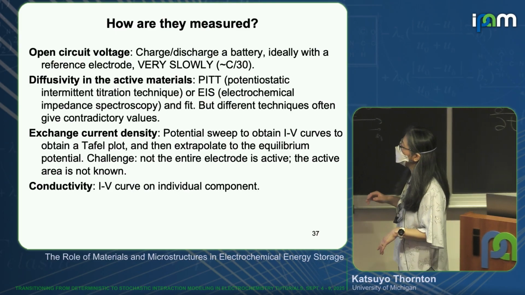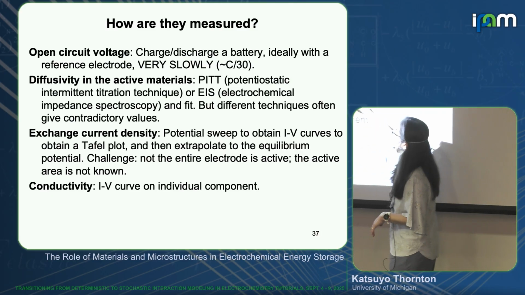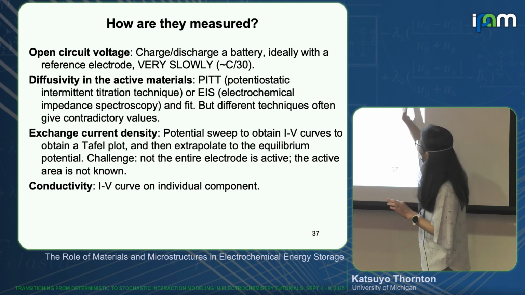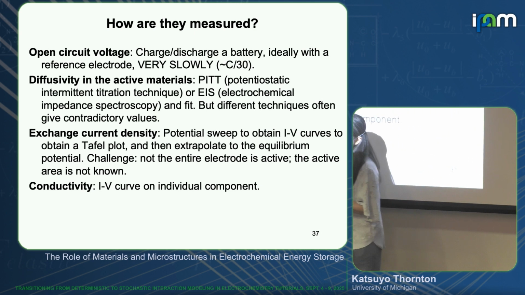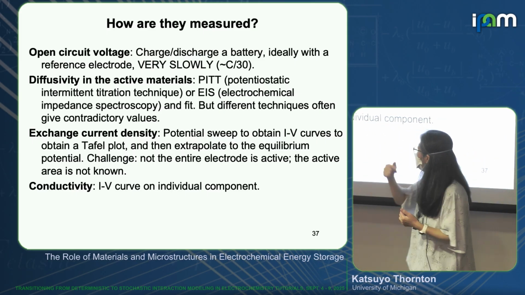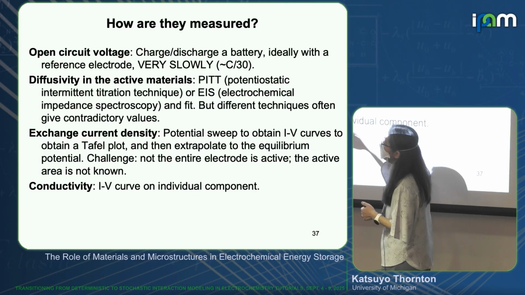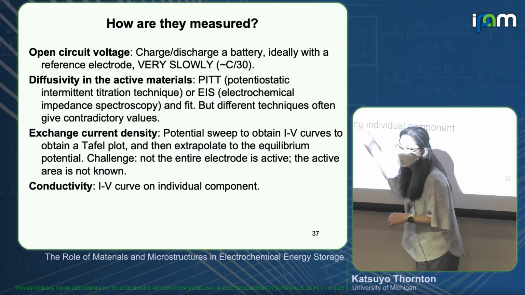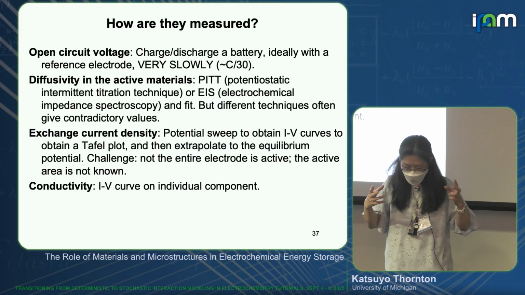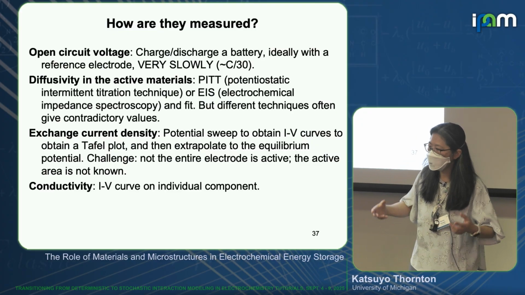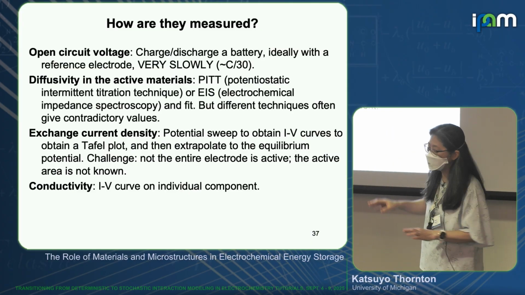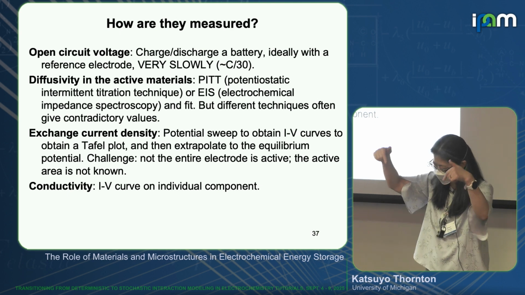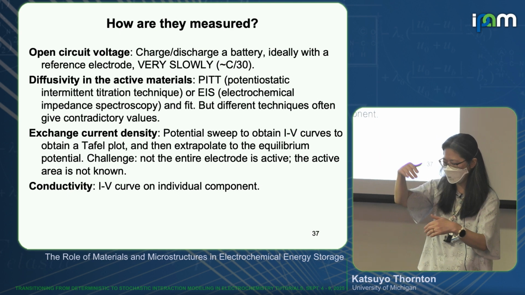And then exchange current density is obtained by a potential sweep to get the IV curve, the current and voltage relationship. That gives you a Tafel plot, and then you extrapolate to the equilibrium potential, and that's the i naught. But the challenge is that you have to make that into something per unit area. And the area we need is not the nominal electrode area, the area of the cell.